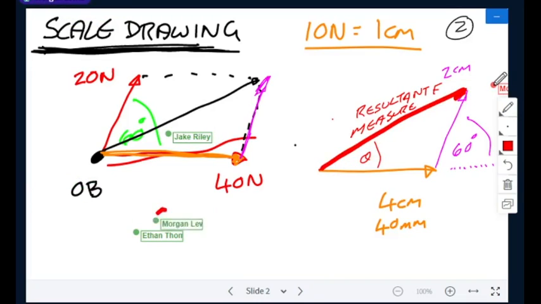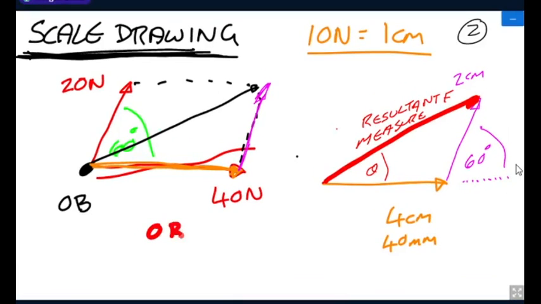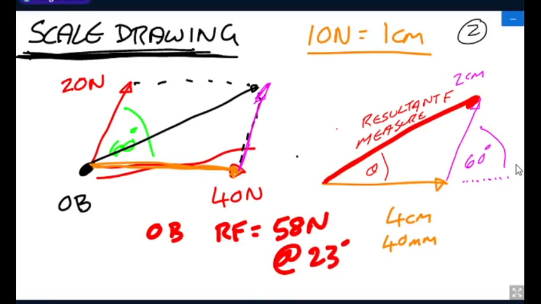So Oliver Booth, resultant force equals, I don't know, 58 newtons at 23 degrees, something like that. I don't know what it is because I haven't drawn it.